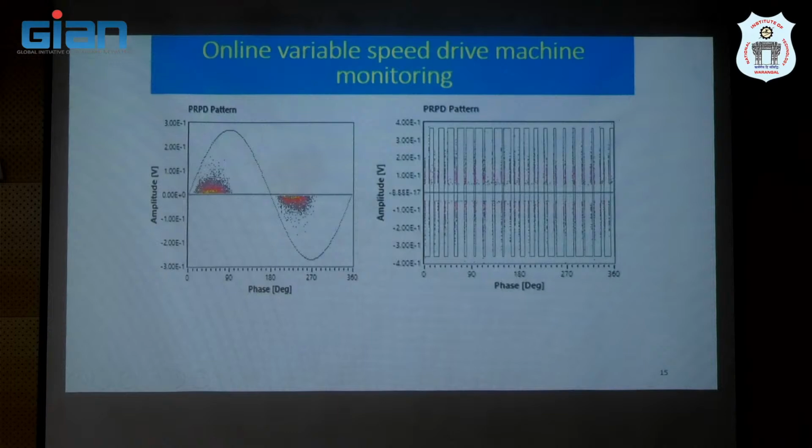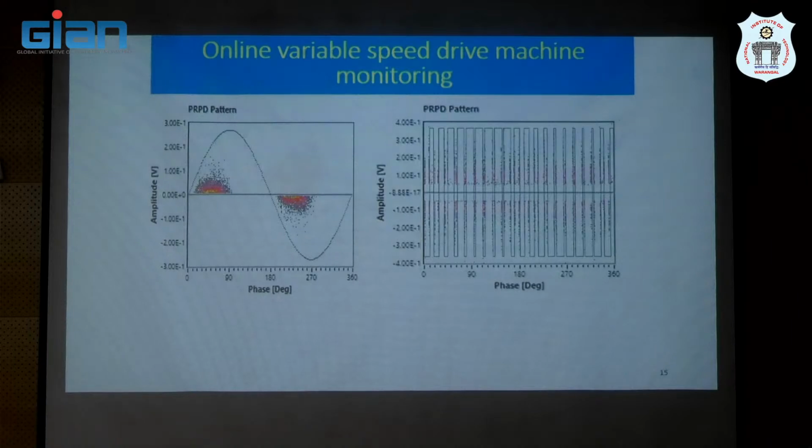Once the partial discharge is initiated, then with respect to the switching, gradually it will get severe, and we usually measure these discharges in picocoulombs. That also increases gradually with the deterioration of the insulation.